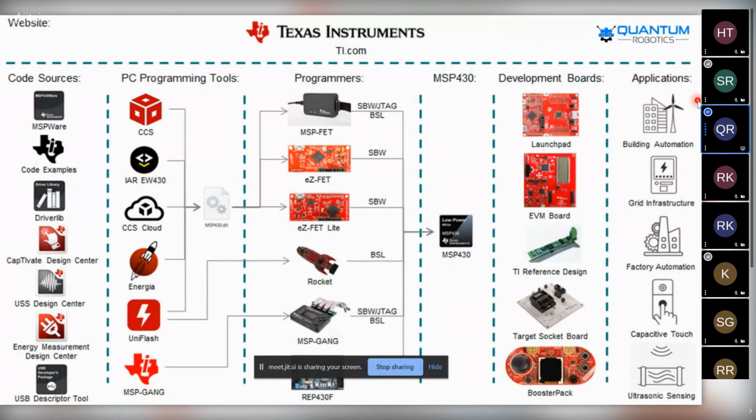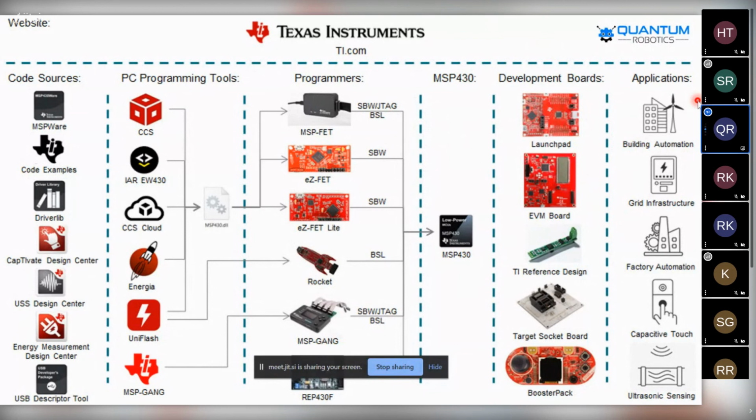And where are we implementing the MSP 430 in real-time applications? In building automation, like an automatic bulb or an automatic fan, this type of automation we can use the MSP 430. In grid infrastructure we can use the MSP 430.